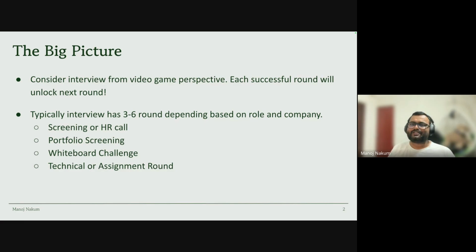I think 99% of companies follow this, like a technical round or take-home assignment. There would be a behavior round. This is also a round which very rarely companies focus on, but some companies follow this behavior round as well. And then there is a final round where most of the discussion happens around your compensation and all of these things. Right? So typically these are the rounds that are generally involved in the hiring process for any designer role.